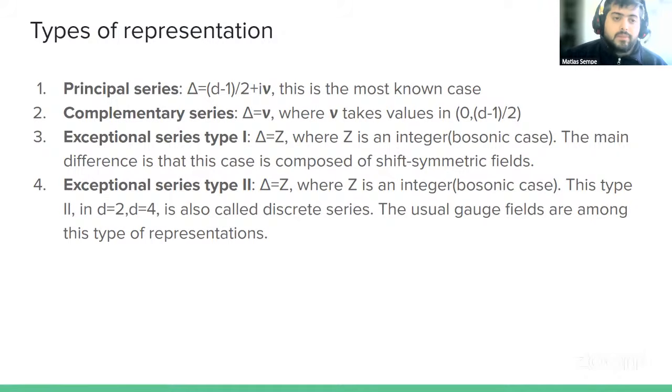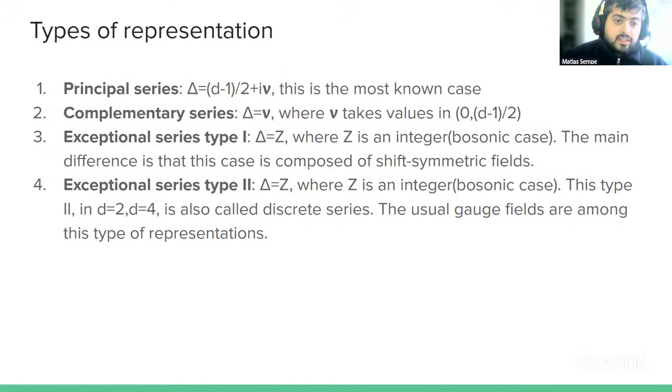Even in this case, the conditions for unitarity are simpler, because Δ and Δ shadow are complex conjugates of one another, and this simplifies a lot of things in the calculations. So in the complementary series, Δ takes a value between 0 and (D-1)/2. And the complementary series we know from cases of AdS, for example.